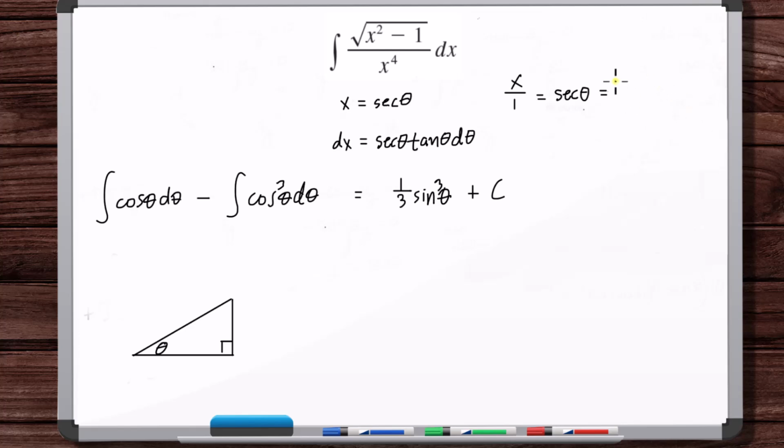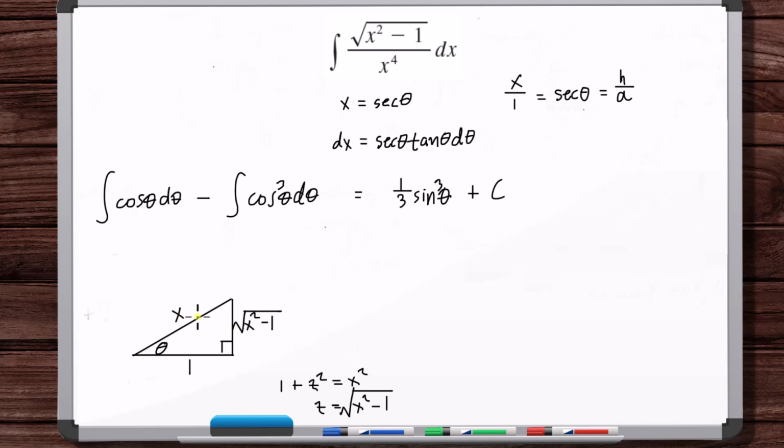Cosine is adjacent over hypotenuse, so this is hypotenuse over adjacent. So hypotenuse is x, adjacent is 1. And now what we need to do is use the Pythagorean theorem to get this side. So if this is z, then we've got 1 squared plus z squared is equal to x squared. So z is equal to the square root of x squared minus 1.